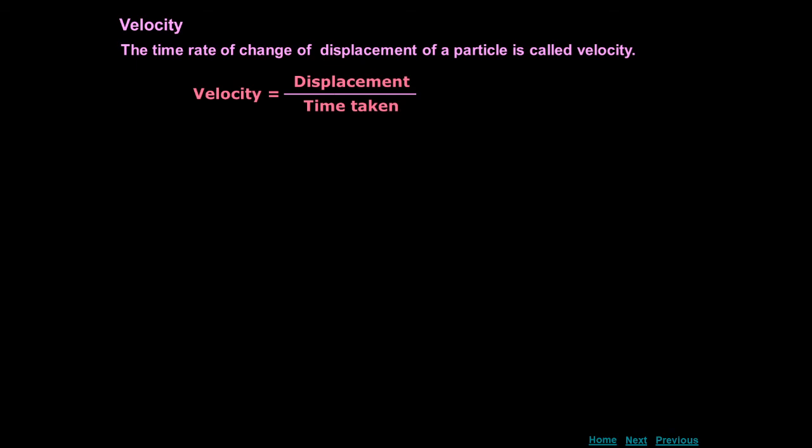Now the velocity. The time rate of change of displacement of a particle is called velocity. So velocity equals displacement by time taken, or in vector notation, V vector equals S vector by T, where this S vector is displacement.